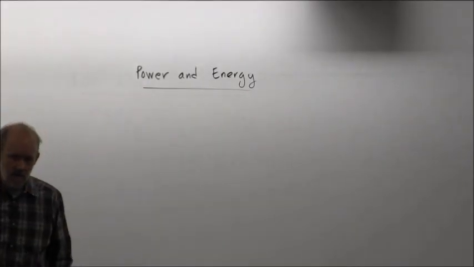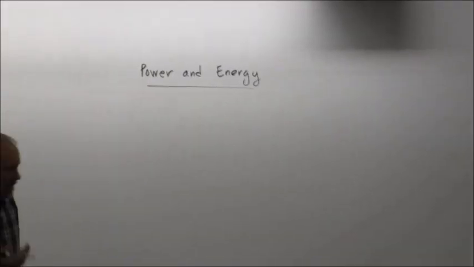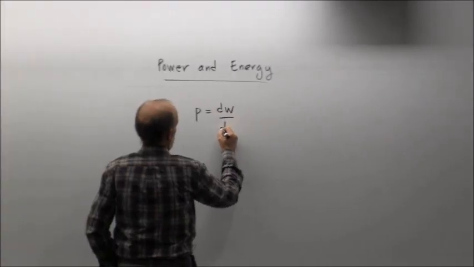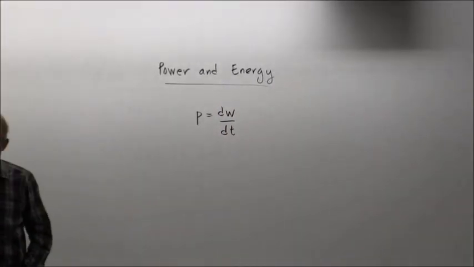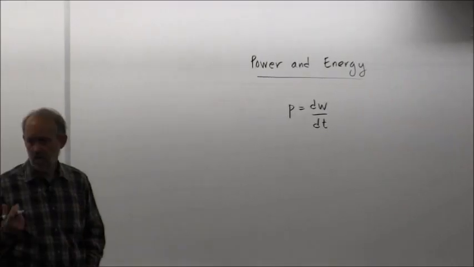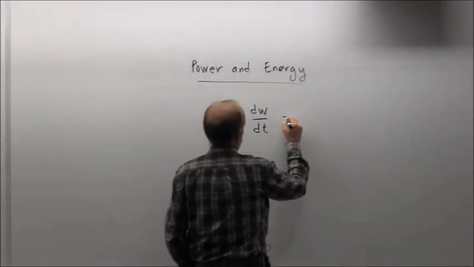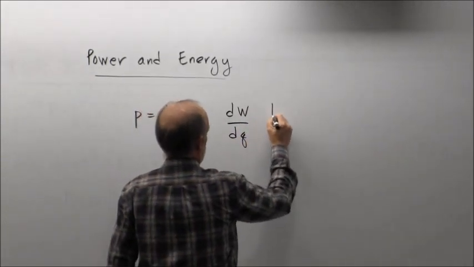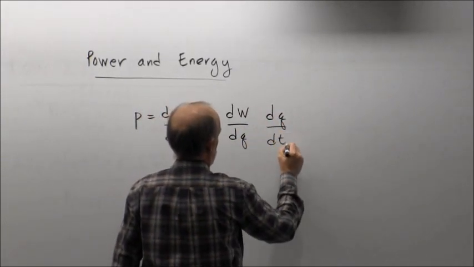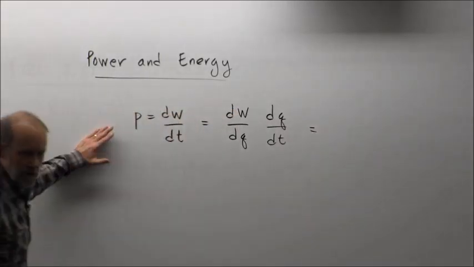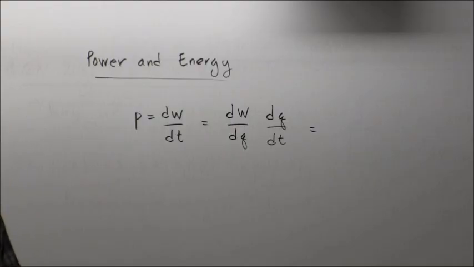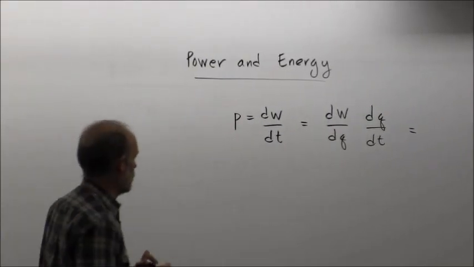Then the final two electrical quantities, power and energy. So power is the rate of energy transfer. And if you notice in the context of what we've just defined, when we're talking about power associated with an electrical element, it is the voltage across that element times the current flowing through that element.